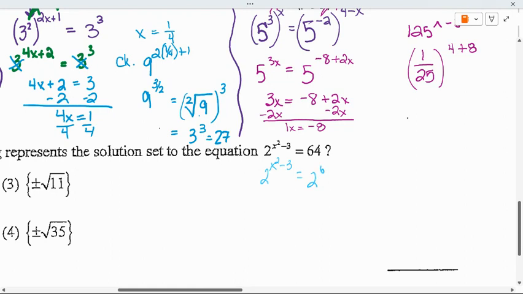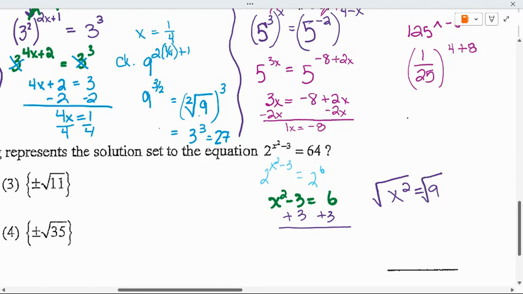Remember, when the bases are the same, I get to do what? Drop them. So I have x squared minus 3 equals 6. What are you going to do to both sides? Add 3 to both sides first. So x squared equals 9.